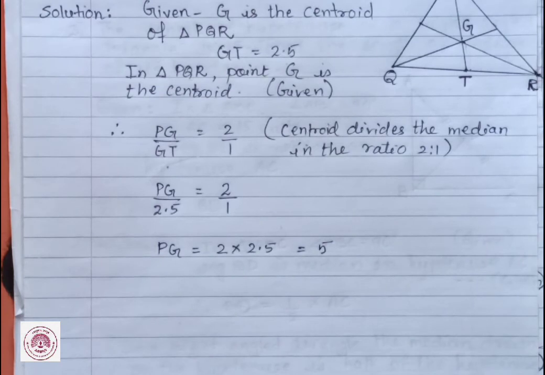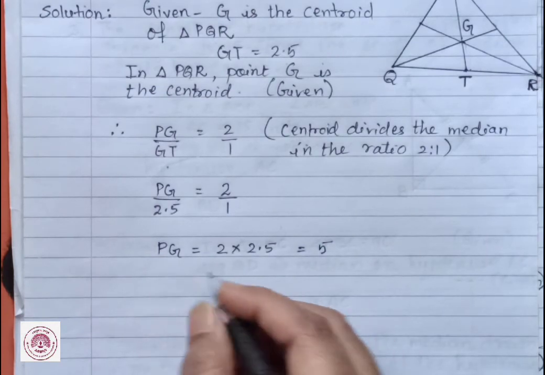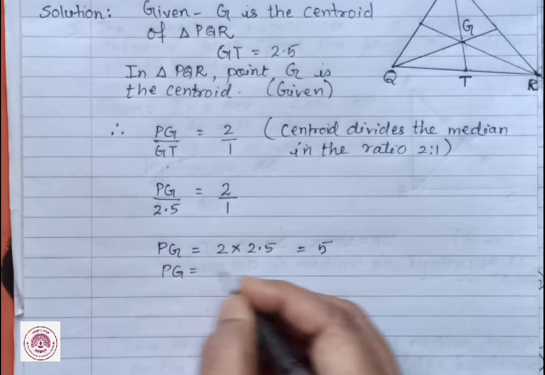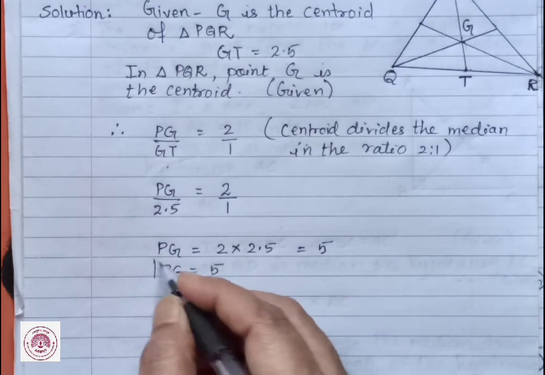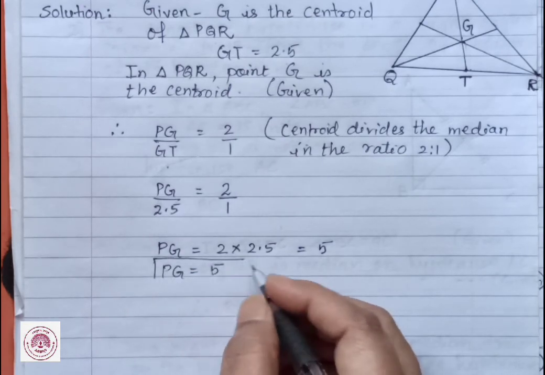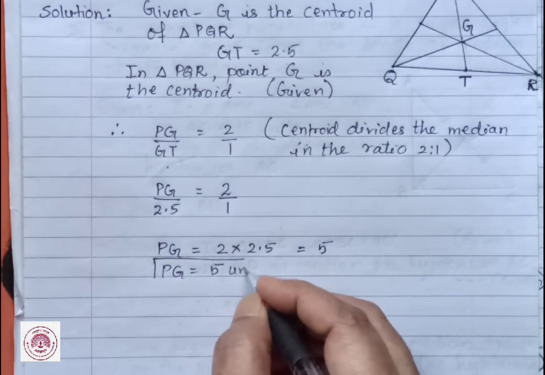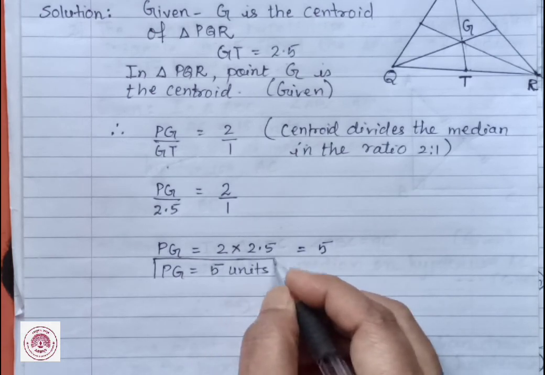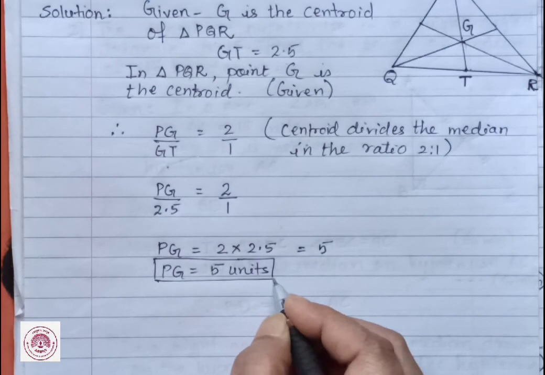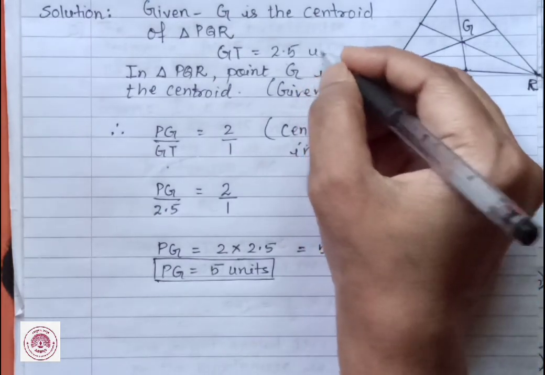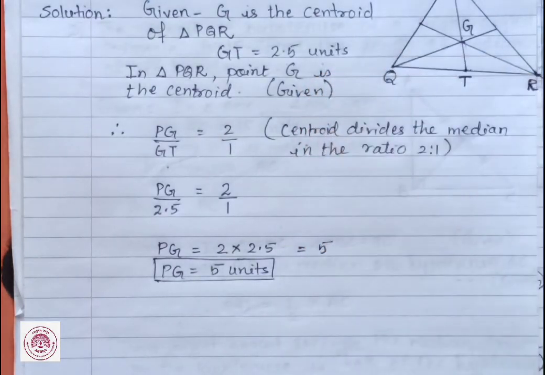So we got the value of PG, that is PG is equal to 5 units. Here we can also write 2.5 units.